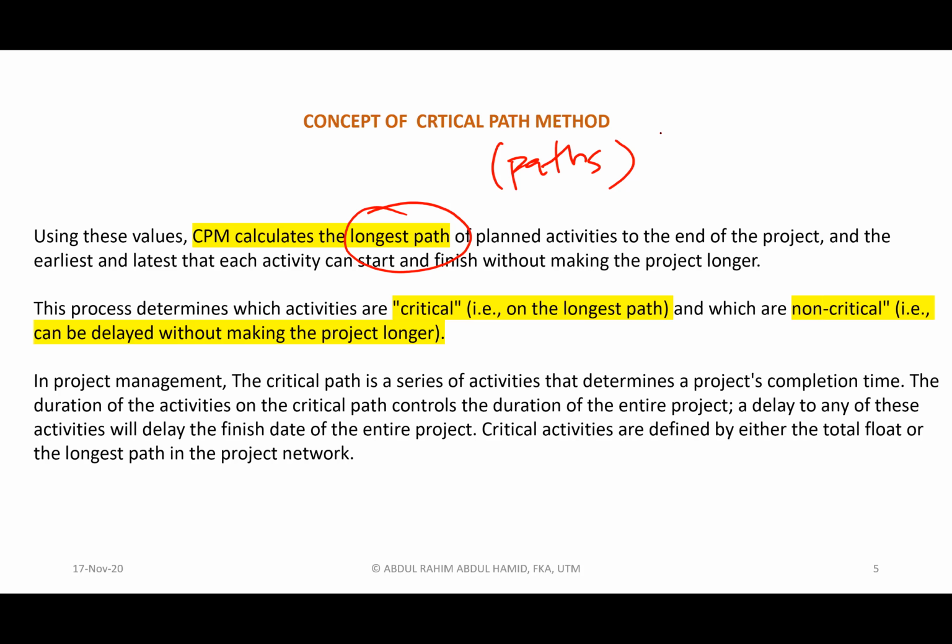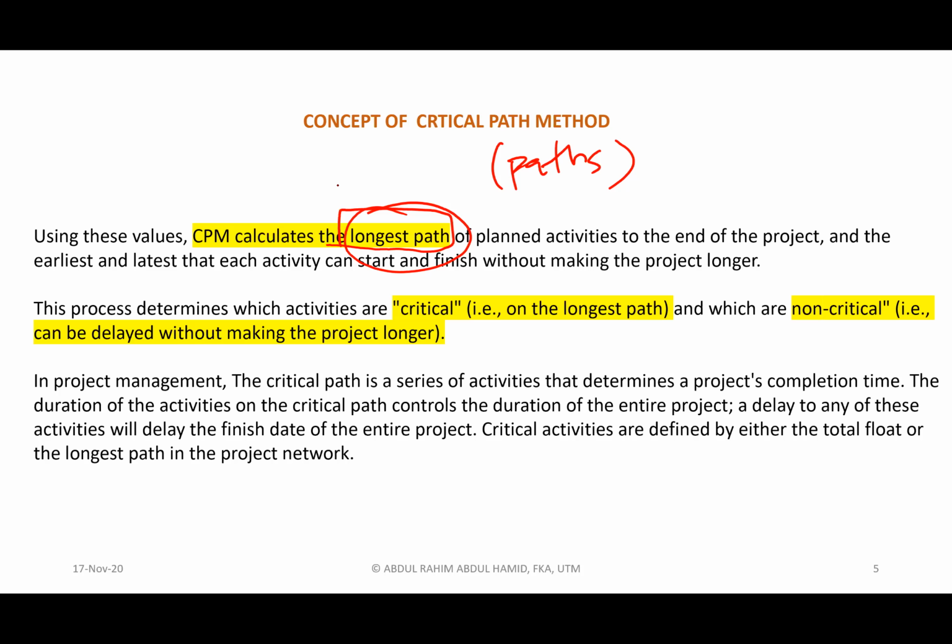So at the end of the day, you will see as if the critical path is only one. But in reality, it might not be one. It can be multiple critical paths. But anyway, the critical path, whether it is one or two or three or multiple, indicates the longest path. Let's say there could be 10 paths. Among those paths, two paths basically have the longest.